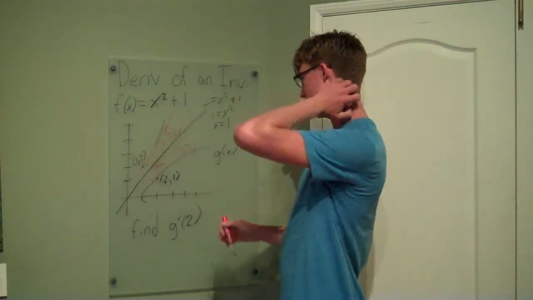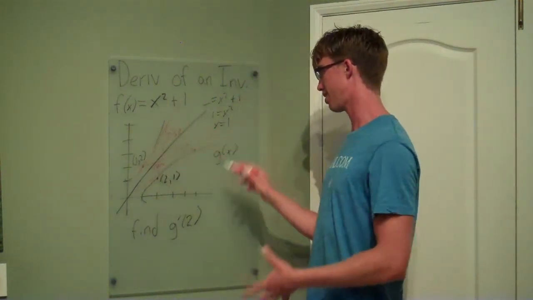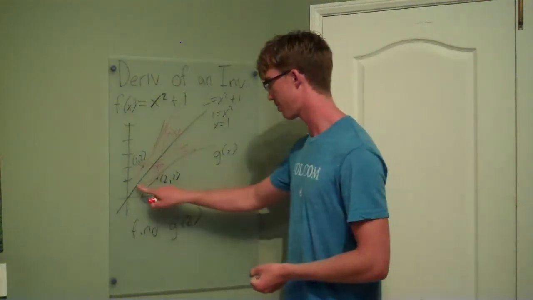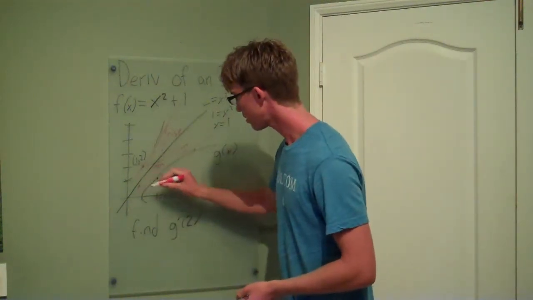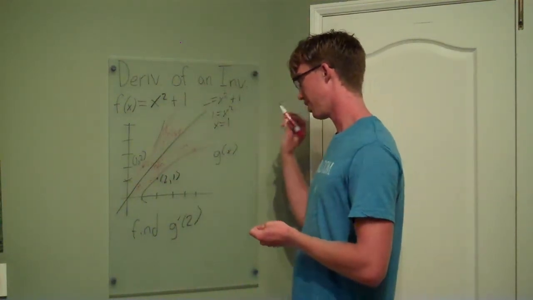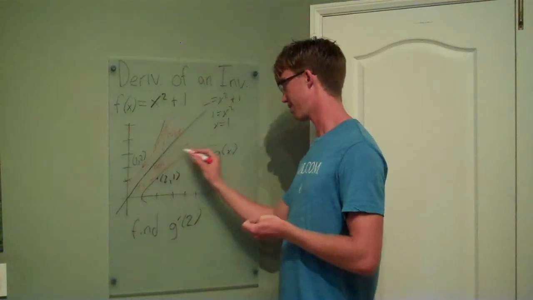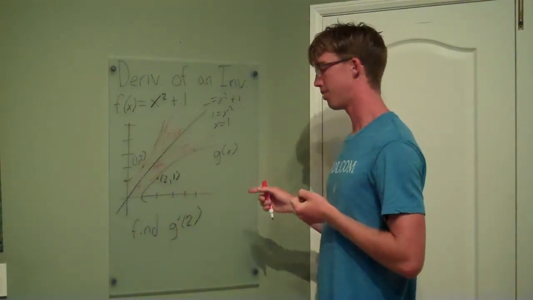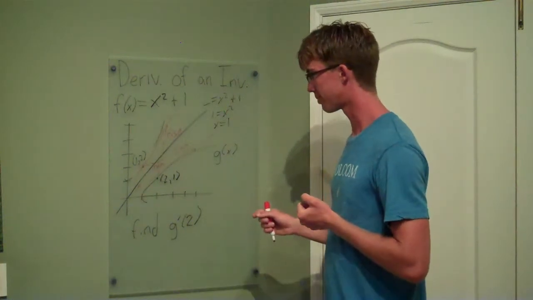And you'll notice that the run and rise are essentially reversed on the two graphs. On f of x, we've got this short run and this steep rise, and on g of x we've got this short rise and this steep run, and it just so happens that they are reciprocals of each other.